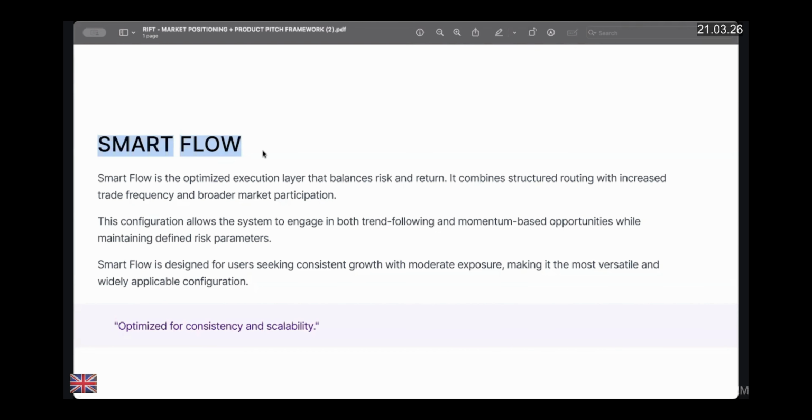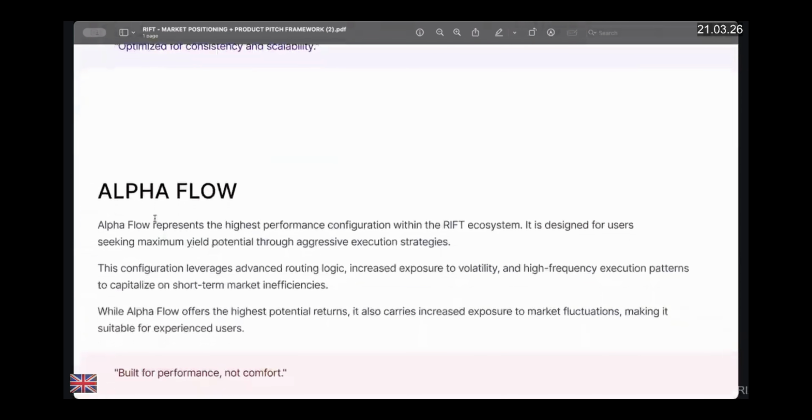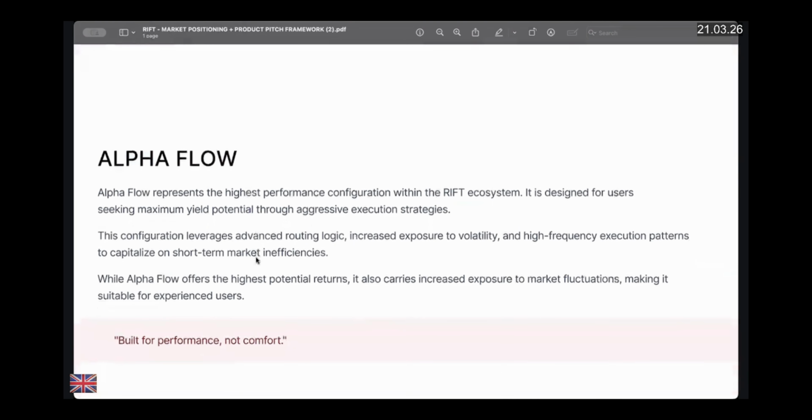and bringing home profits. And then comes Alpha Flow, the highest performance configuration within the Rift ecosystem. It is designed for users seeking maximum yield potential through aggressive execution strategies.